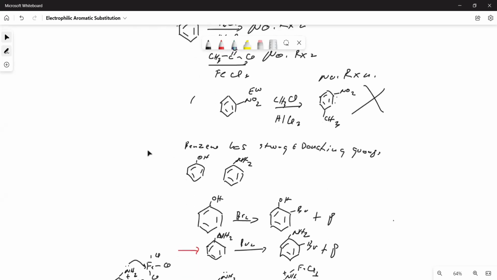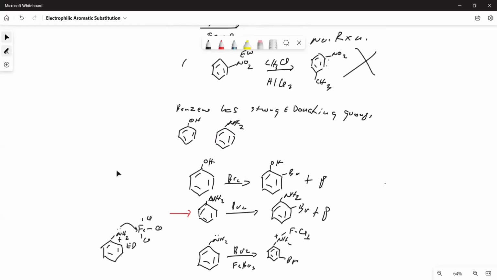For other reactions, for example, if benzene has strong electron donating groups like OH and amino group, these are strongly activating groups in our classification. If you subject these two compounds to electrophilic aromatic substitution like bromination, you don't need to use a Lewis acid.